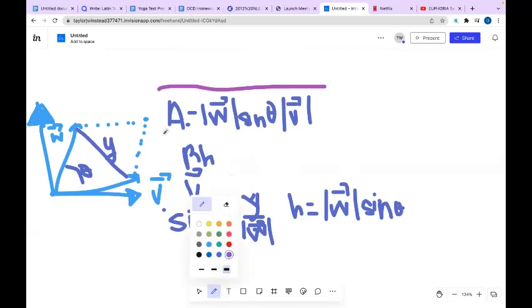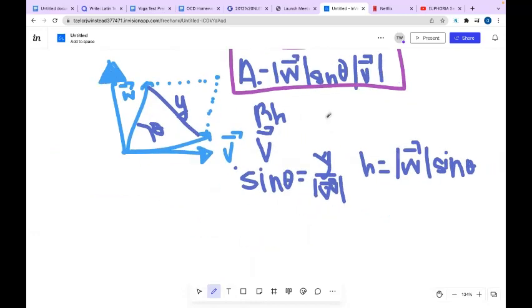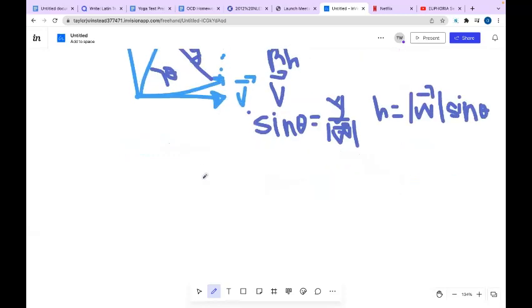Now, what on earth does this have to do with interpreting the determinant geometrically? Well, I'm about to tell you. So let's go back to this idea of the determinant, AD minus BC.